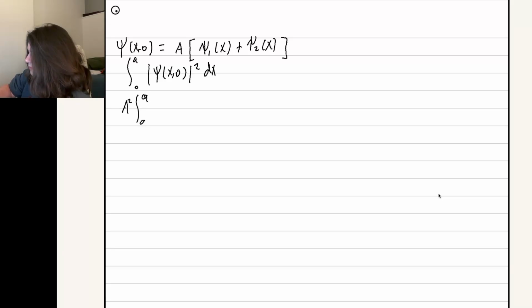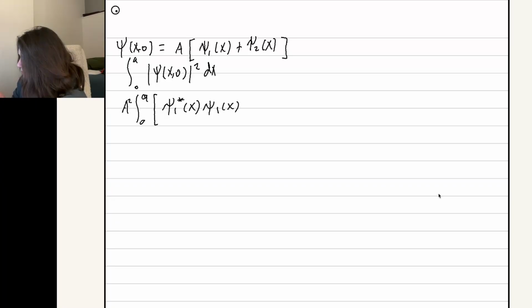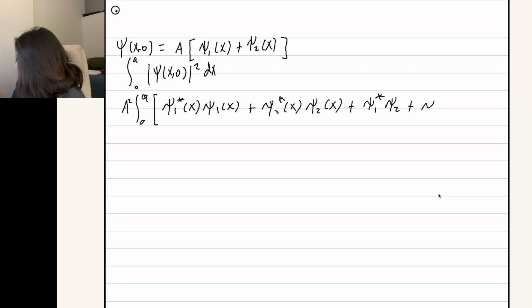Then, from 0 to a, we're going to have a psi 1 star of x, psi 1 of x, plus psi 2 star of x, psi 2 of x, plus psi 1 star psi 2 plus psi 2 star psi 1.